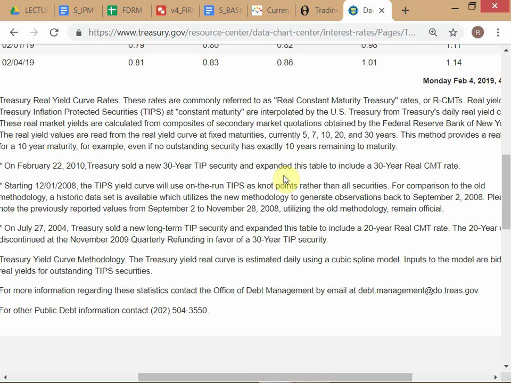So this is what happens in a normal bond, what we call a plain vanilla bond or a straight bond. But if you bought a TIPS, a Treasury Inflation Protected Security, and you got, let's say, a 6% coupon, it will make sure that even if there has been 5% inflation over that year, the Treasury will make sure that you get a yield of 6%.